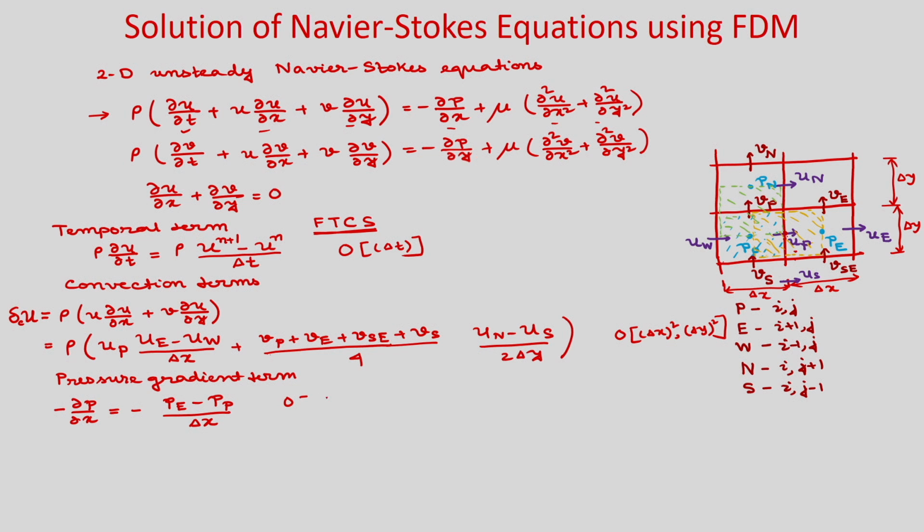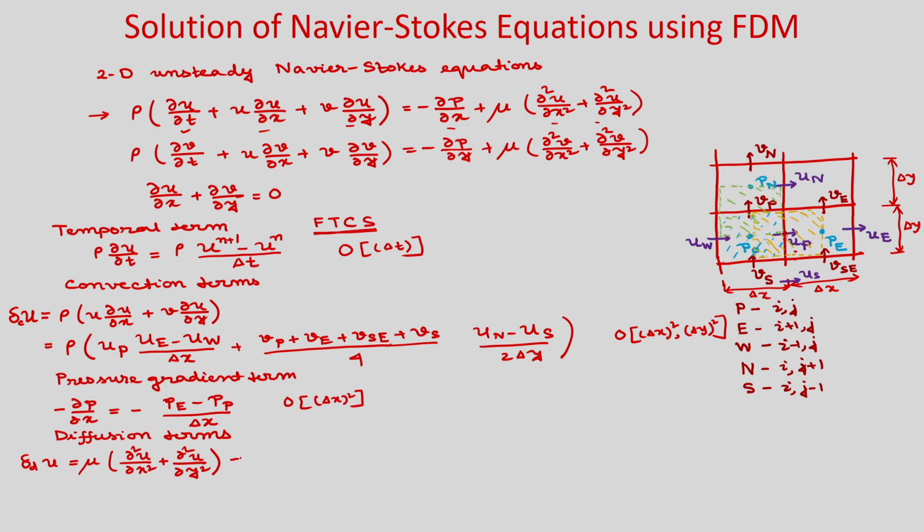So, order of delta x square. And now we have the diffusion term. The diffusion term we will denote as delta d u. So, we have mu times del 2 u by del x square plus del 2 u by del y square.